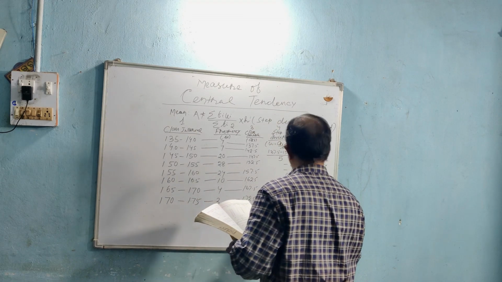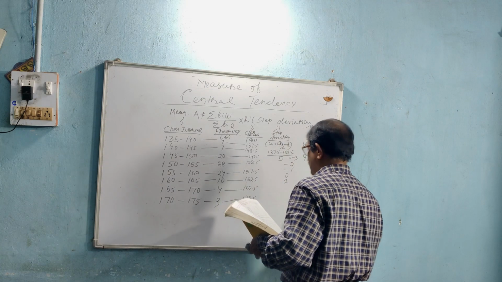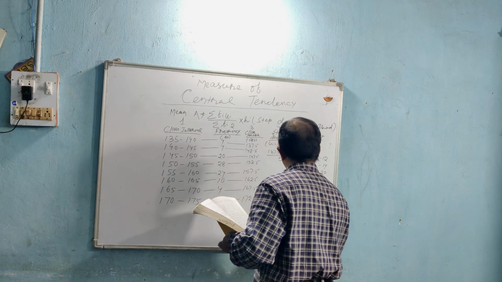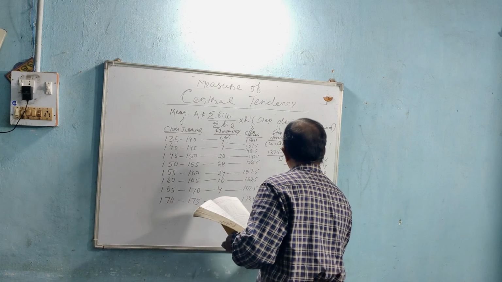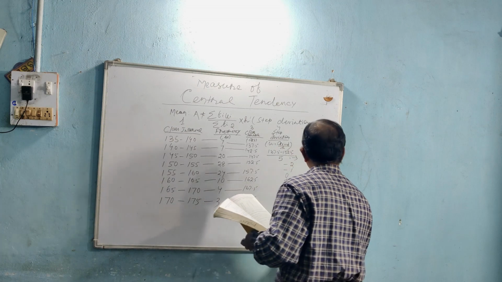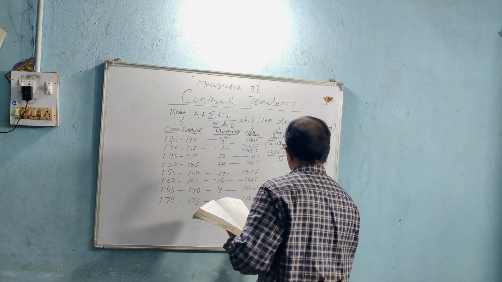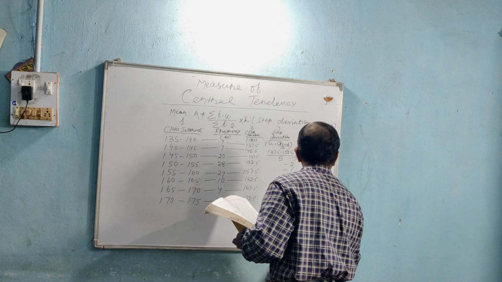Thereafter it is 1 and it is coming 24, and it is 2, it is coming 20, and it is 3 and it is coming 12, and it is 4, it is also coming 12.